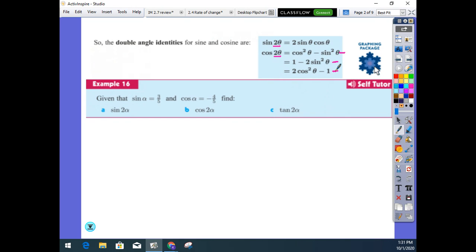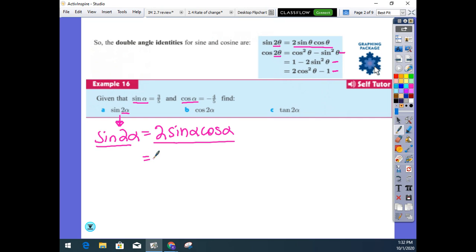Okay, so what people struggle with when they see this is they don't understand you can't just plug stuff in. Notice this says sine of alpha, cosine of alpha. So we need to replace sine of 2 alpha with what it equals. Because sine 2 alpha equals 2 sine alpha cosine alpha, this formula is just this side.